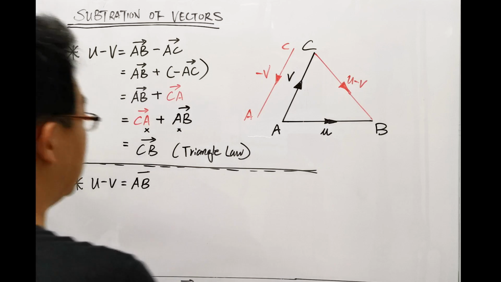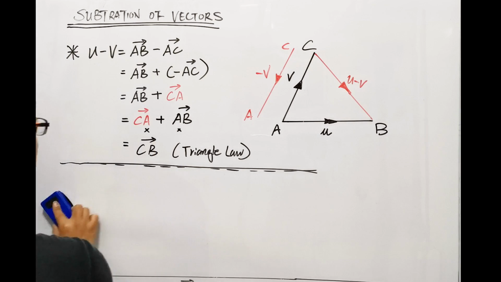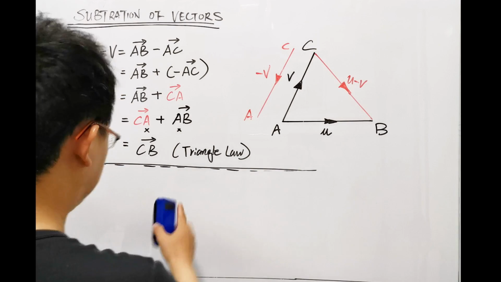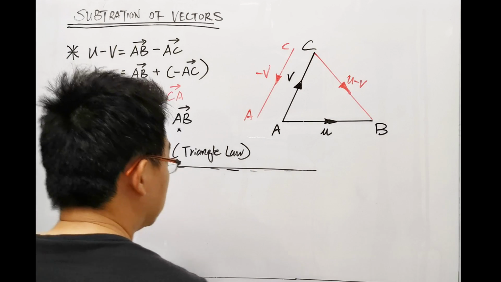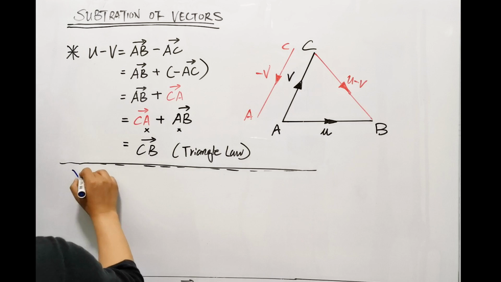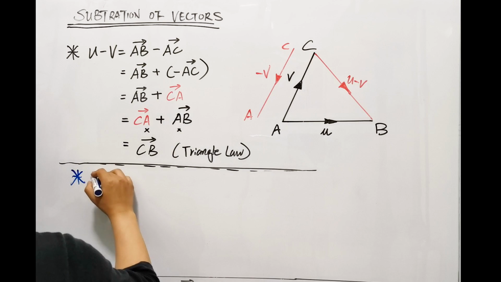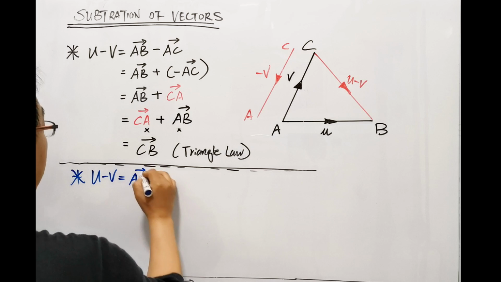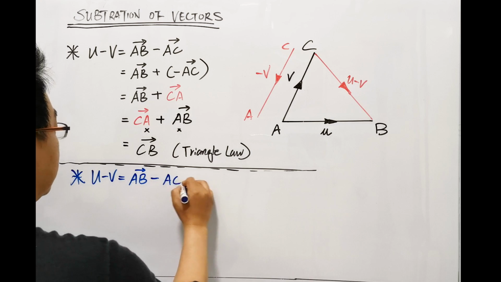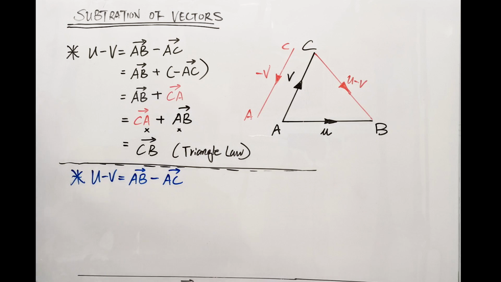Let's use a different color. U minus V equals to AB minus AC. Everyone understands this, right?